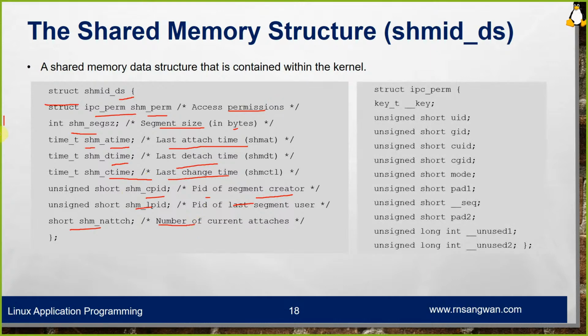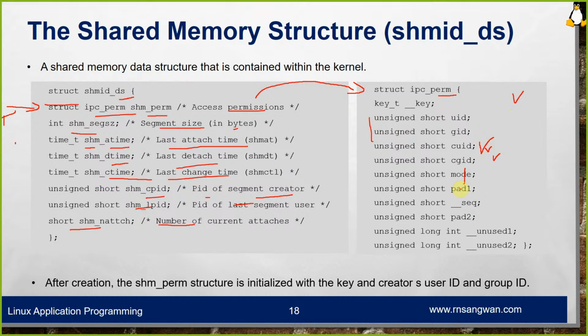And the ipc_perm parameter, which is used here as a structure in the first line, in the second line, this is the structure of that IPC permission. So these are the permissions: unsigned short user ID, group ID, cuid, cgid, that is creator and user. You remember that, creator and owner. Then mode. Alright, so these are the fields of the permission structure.